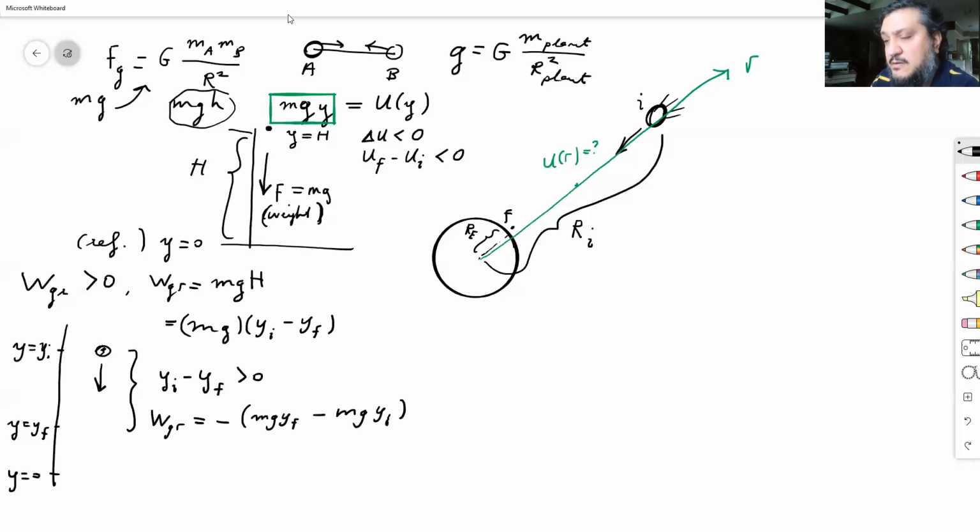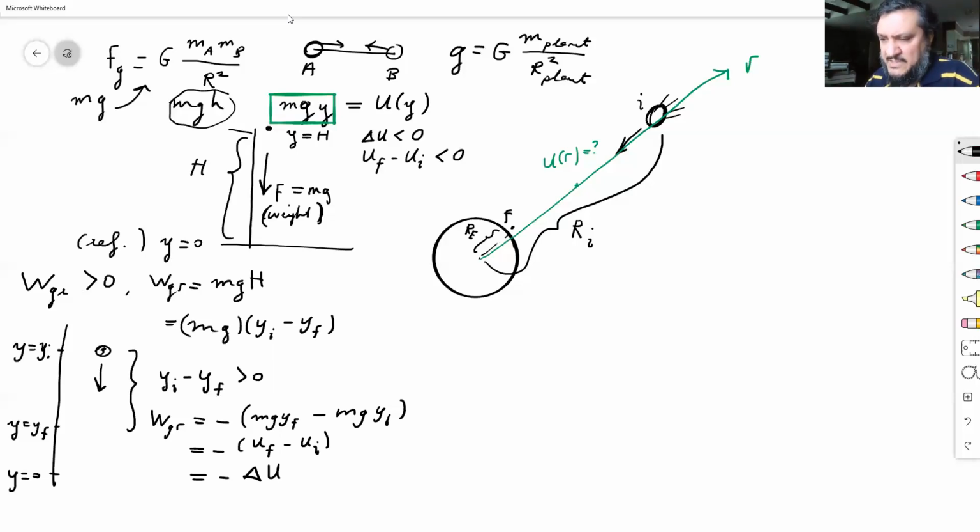And if you call mgy as your U_y, this will be equal to negative U final minus U initial. In other words, negative of the change in the potential energy.